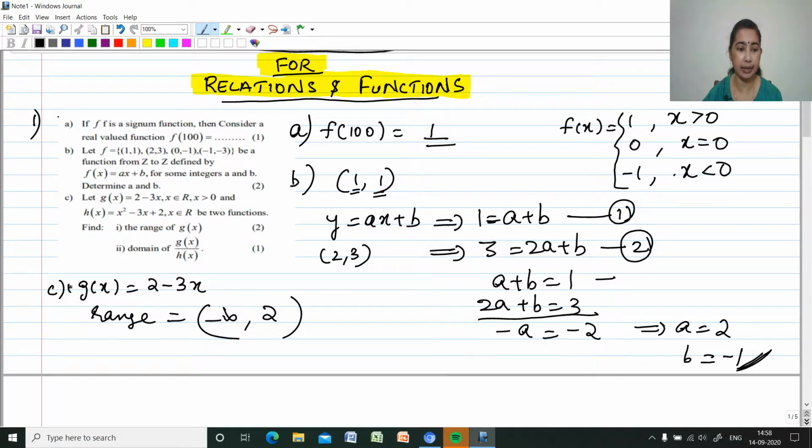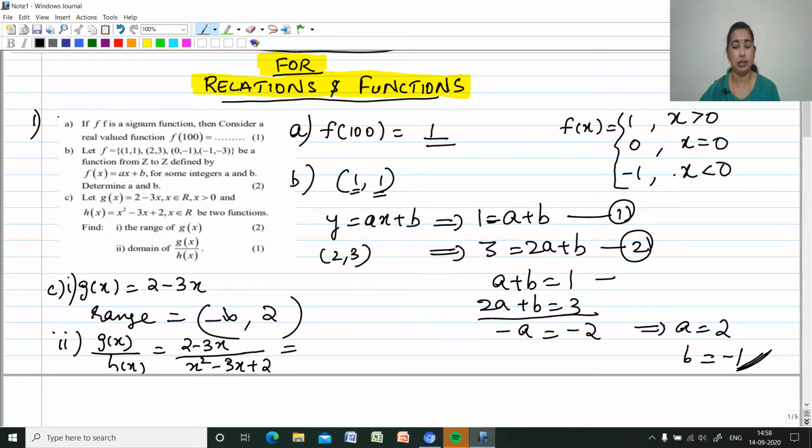What about the second question there? That is to find out the domain. Second one is to find the domain of g of x by h of x. What is g of x? It is 2 minus 3x. What is h of x? It is x square minus 3x plus 2. So we are supposed to find out the domain. Domain means the values of x.